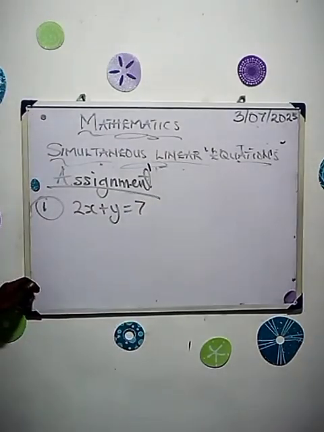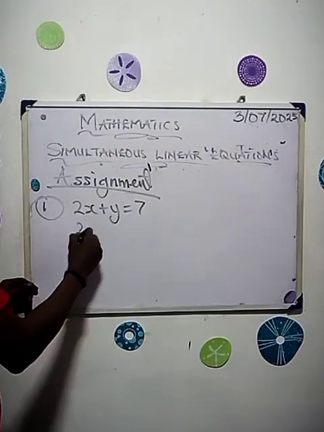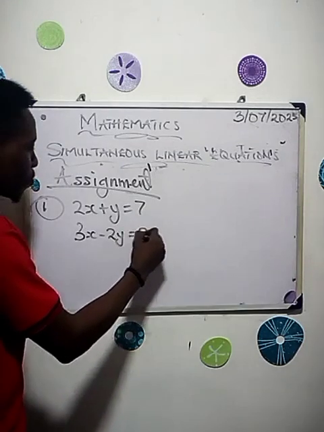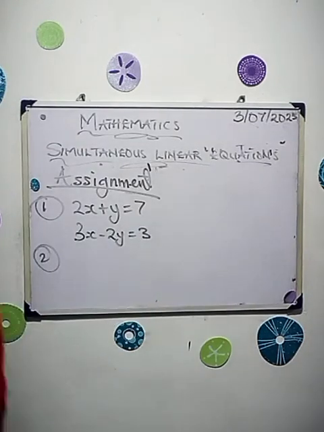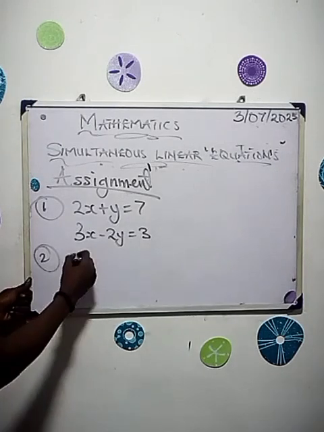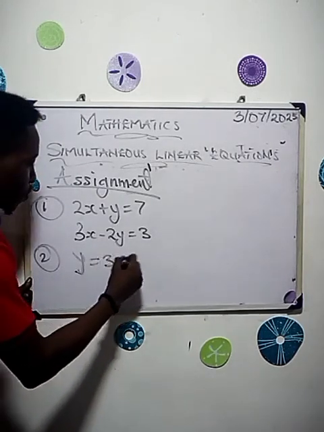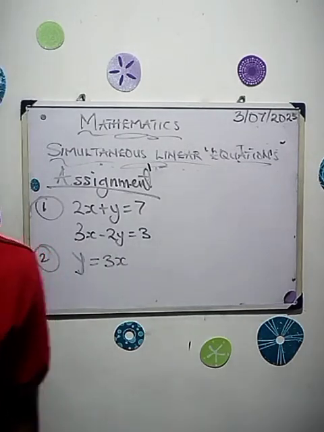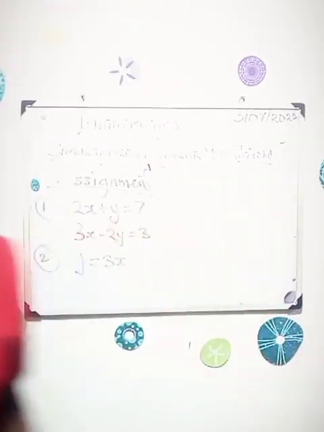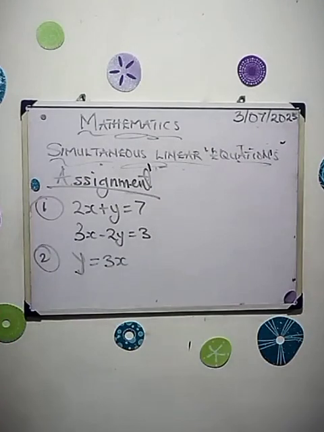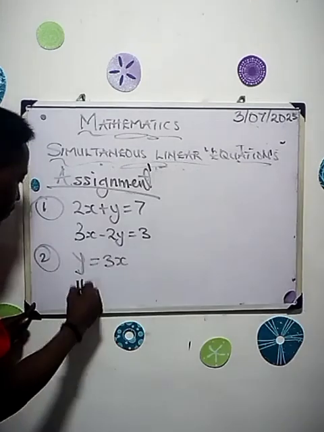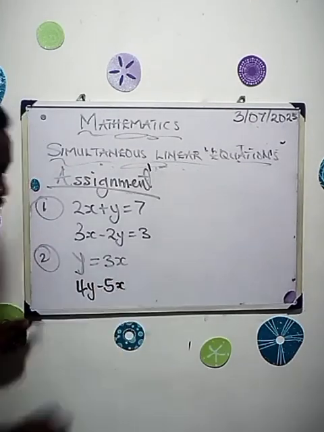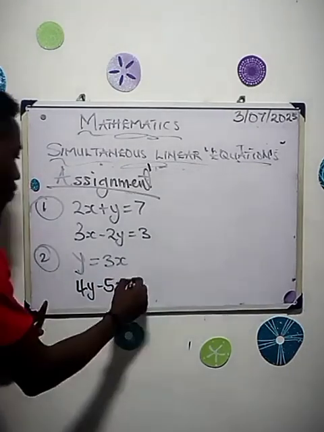equals 7, and 3x minus 2y equals 3. Number 2. y equals 3x. Correction to the last assignment. Okay. y equals 3x and 4y minus 5x equals 14.